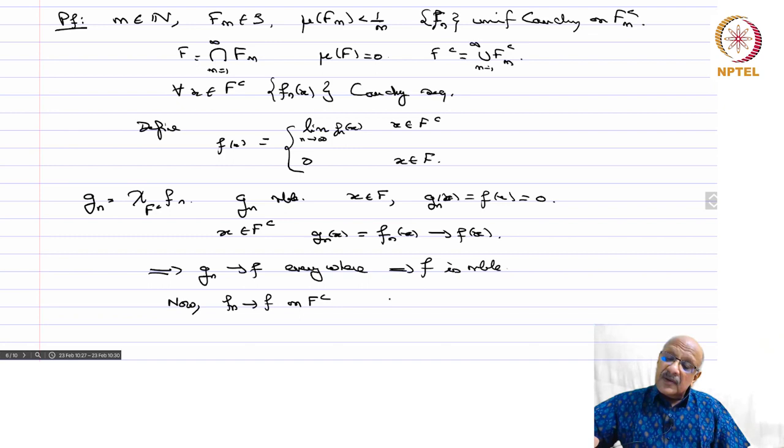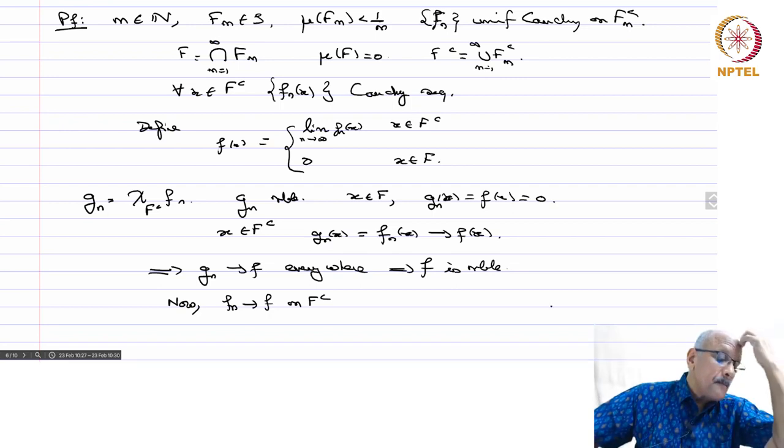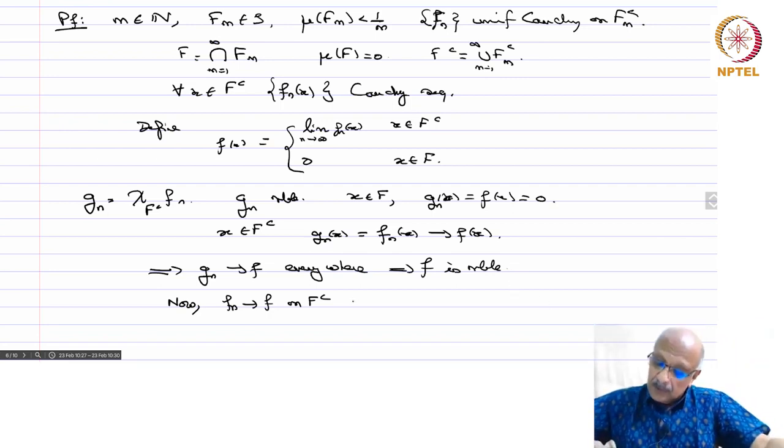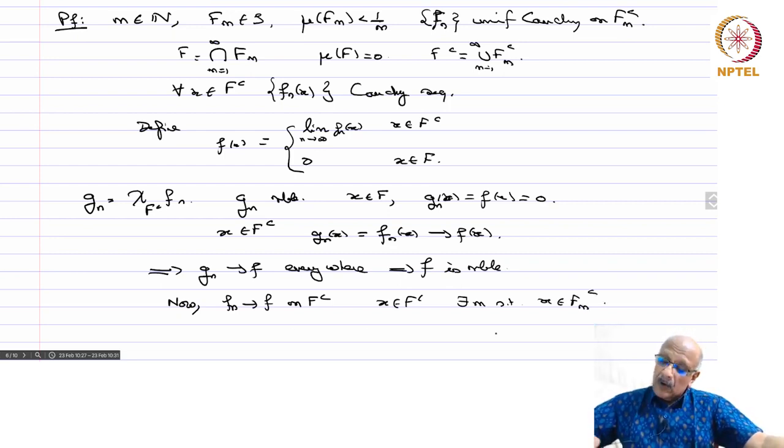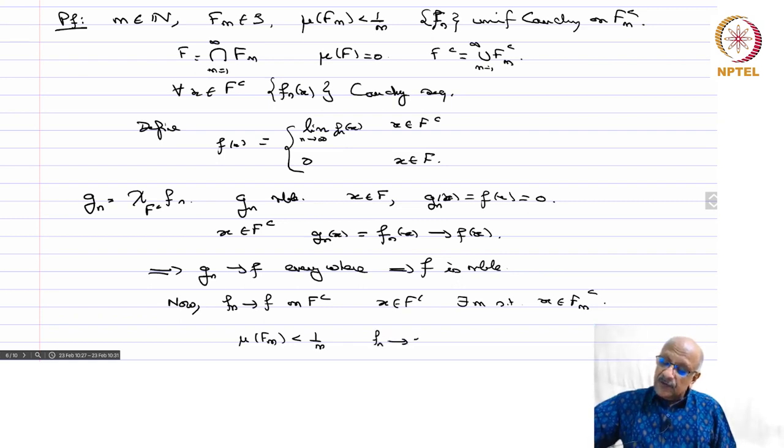F complement is the union of F_m complement, and therefore if x belongs to F complement, then there exists an m such that x belongs to F_m complement, and mu of F_m is less than 1 by m, and you have that f_n goes to f uniformly on F_m complement.